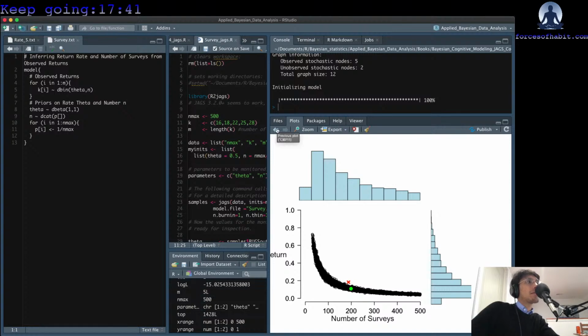Wow. Well, the mode moves. So the mode becomes higher. The rate of success becomes lower. So I've increased my number of total observations.